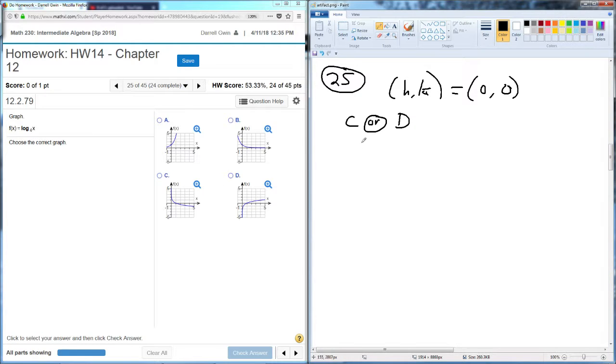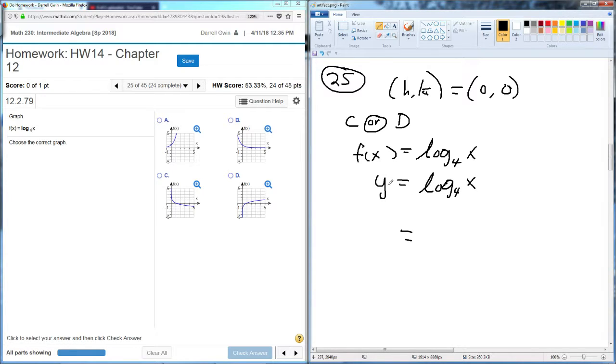So now we have to change f of x equals log base 4 of x into y equals... we're going to have to change this into an exponential, because you can't do this without a calculator. You could do log base 4 with a calculator and a t-table, but I'm going to show you how to do it without a calculator.